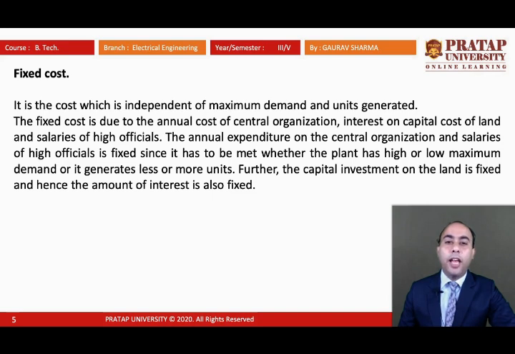The annual expenditure on the central organization and salaries of high officials is fixed since it is to be met whether the plant has high or low maximum demand, or generates fewer or more units. The capital investment on the land is fixed and hence the amount of interest is also fixed. So these all come into the fixed cost.